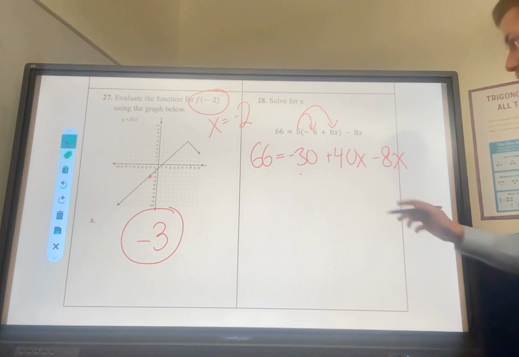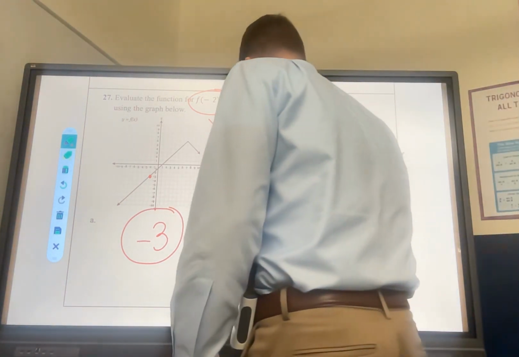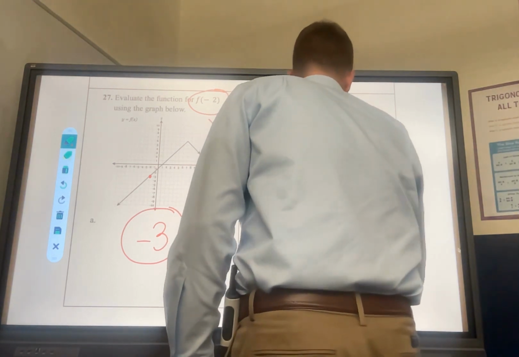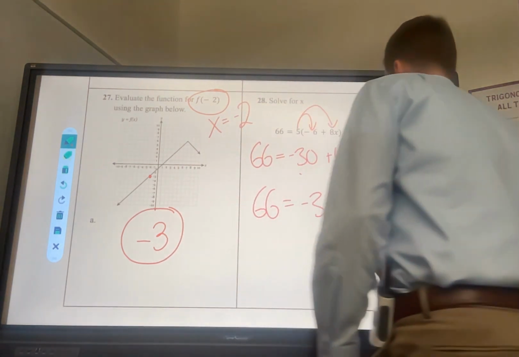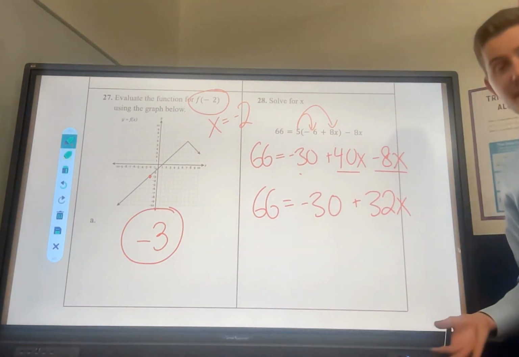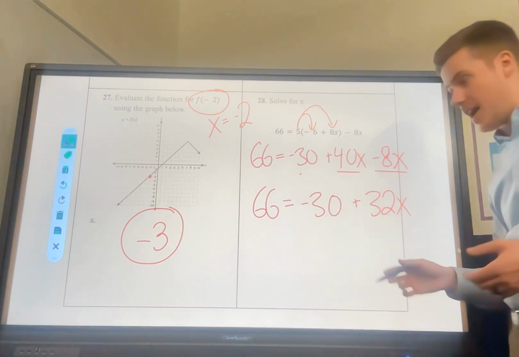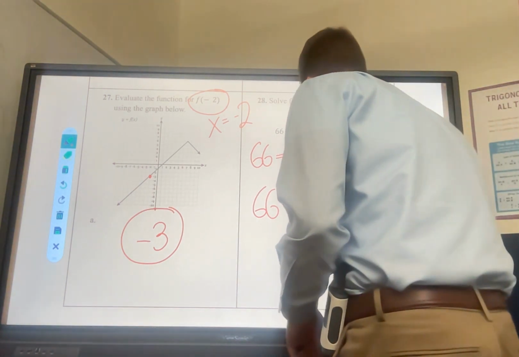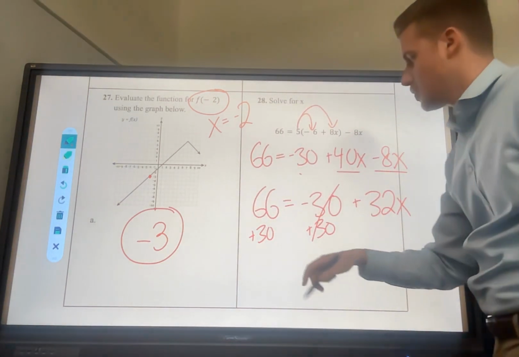Now we can combine like terms. In that case, that's 40x minus 8x. All right. And from here, we can solve. So I'll start by adding 30 to both sides, then dividing. So I've added 30 to both sides.